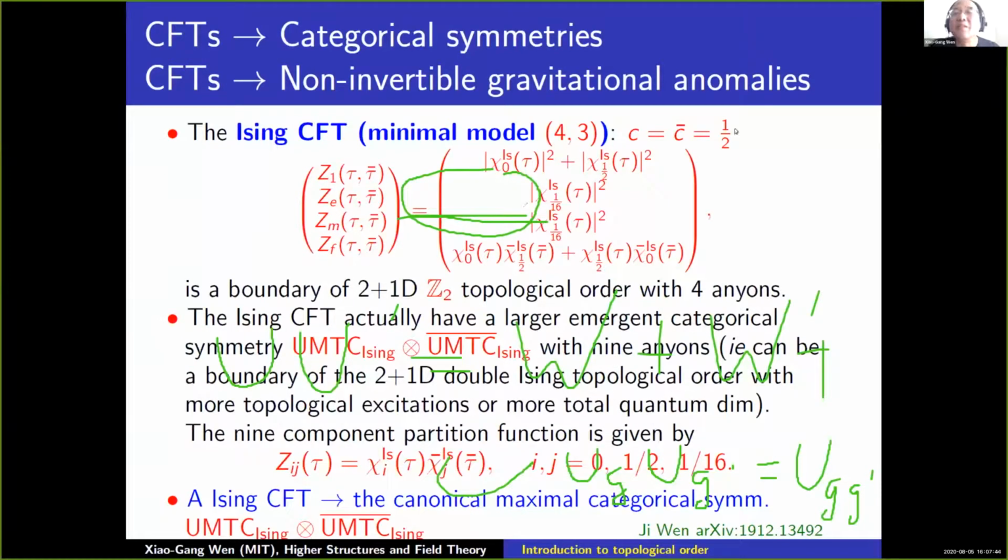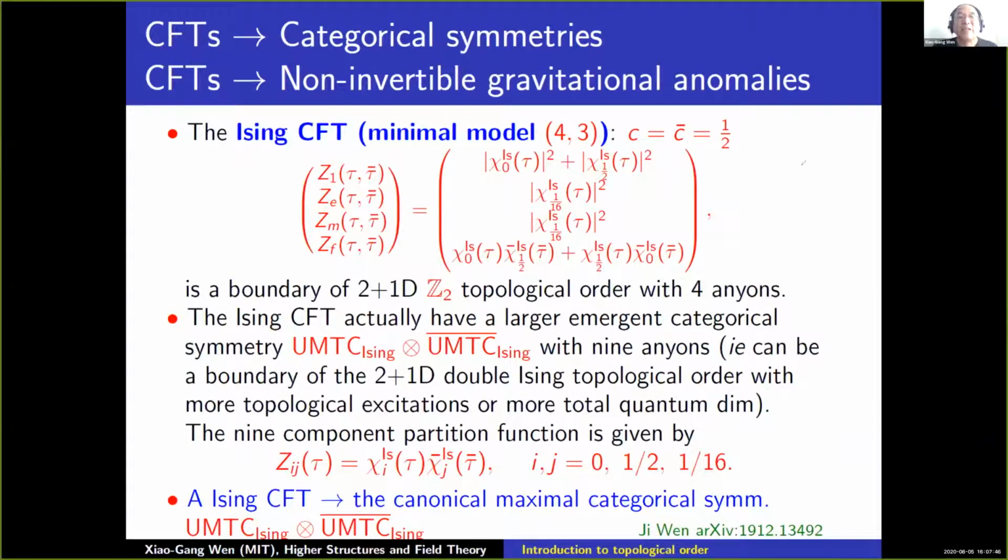So let me just clear this. Okay. So actually, let's say for this example, from here we can see this relation. So these I, J are the labels of the three anyons in the Ising unitary fusion category. So there's the trivial object, there's a fermion, there's a sigma. So usually this is trivial, this is a fermion F, this is sigma, this is 1/16, the Ising anyon. Okay.